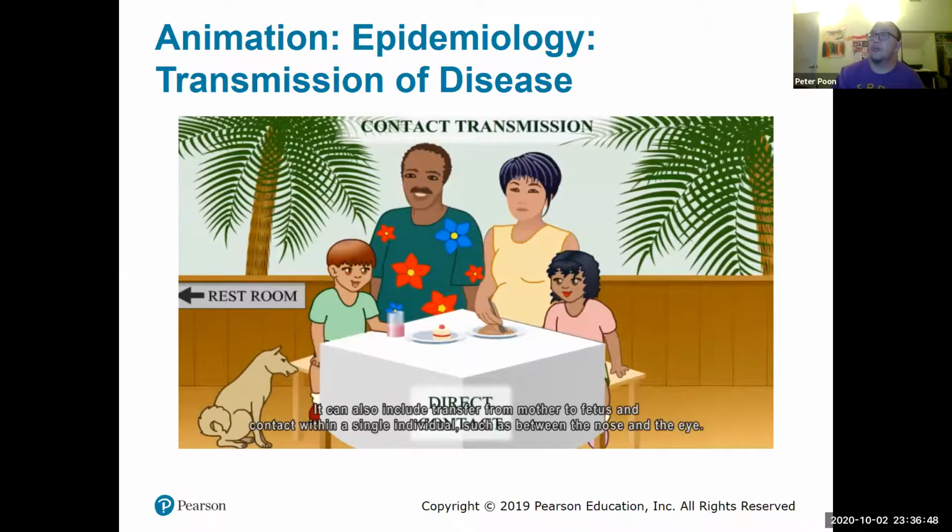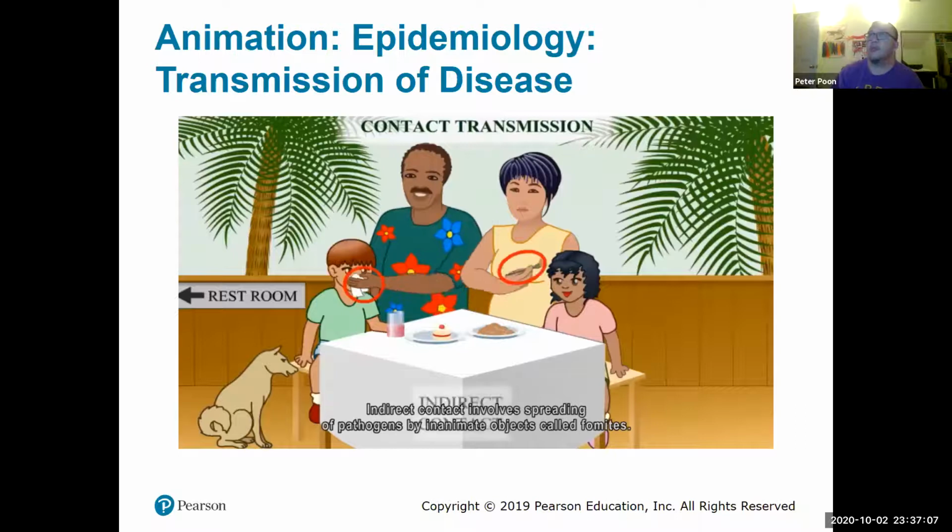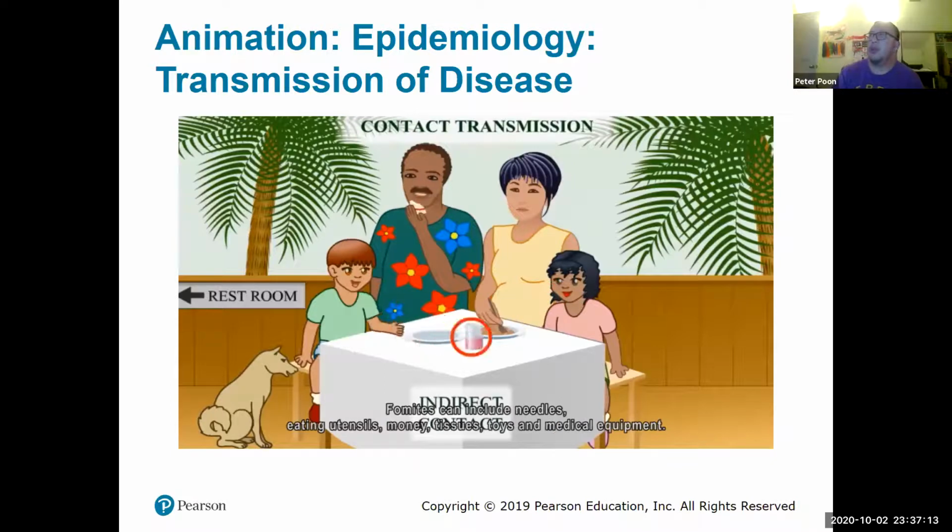It can also include transfer from mother to fetus and contact within a single individual, such as between the nose and the eye. Droplet transmission occurs via mucus droplets within a distance of less than 1 meter. This can occur while exhaling, speaking, coughing, or sneezing. Indirect contact involves spreading of pathogens by inanimate objects called fomites. Fomites can include needles, eating utensils, money, tissues, toys, and medical equipment.